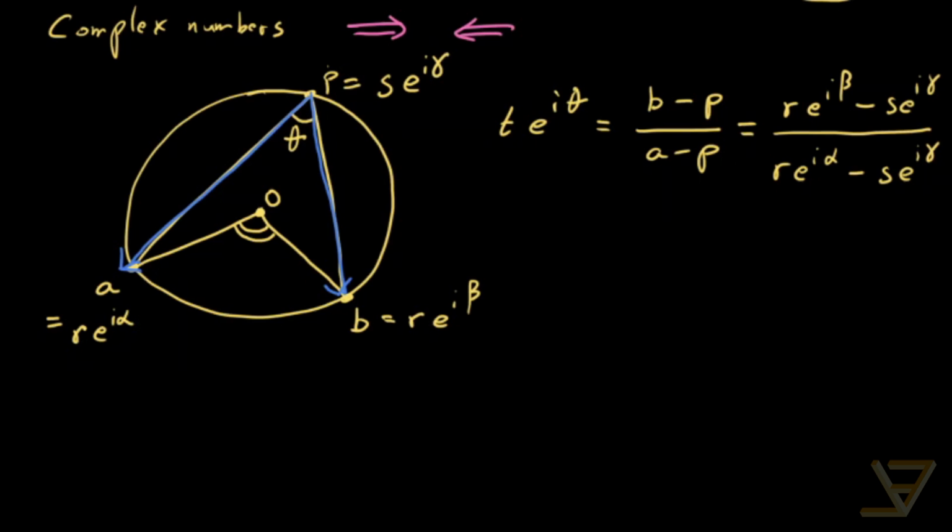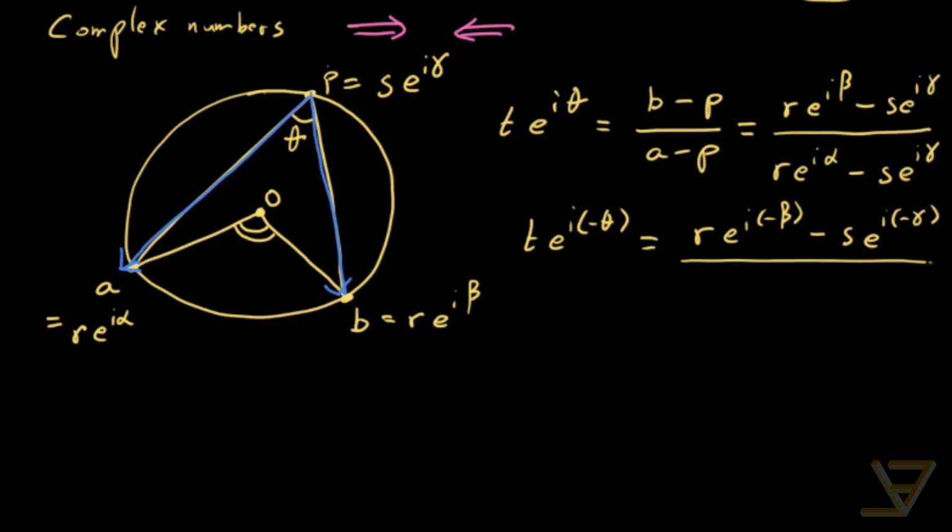So if we take the conjugate of both sides, we get that t e to the i negative theta is equal to r e to the i negative beta minus s e to the i negative gamma divided by r e to the i negative alpha minus s e to the i negative gamma. And now we're going to multiply both the top and the bottom by e to the i beta, e to the i gamma, and e to the i alpha just to get rid of the negatives.